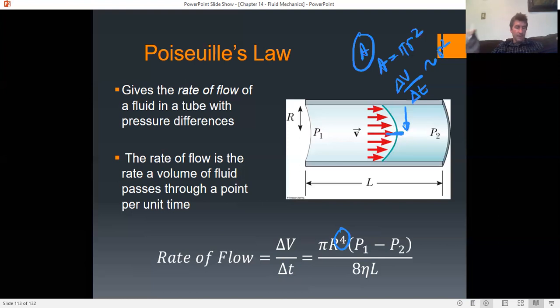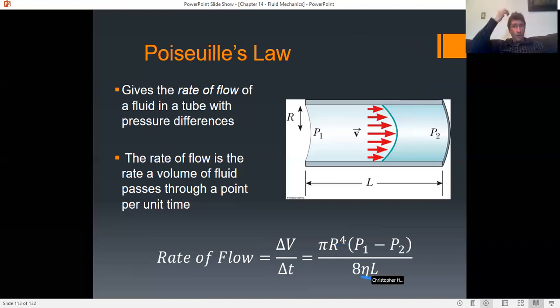So how much flow we can get through a tube will depend on the viscosity of the fluid. Water flows better than molasses. It will depend on the size of the tube, going by a function of r to the fourth power. And certainly the difference of pressure from one end of the hose to the other is going to affect how much water we can get through a tube, a pipe, or a hose.